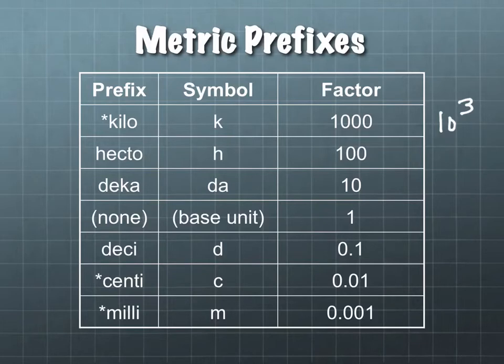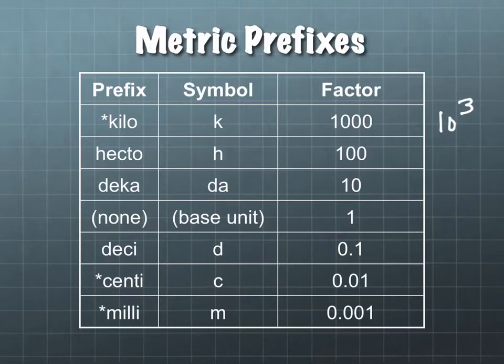Our base unit does not have any prefix because it's the base unit. So for what we're working with right now, we're working with meters as our base unit. So its factor is 1. And then the factors that go on the other side of it and get things into smaller sizes are deci, which is a D, and it's a factor of 0.1 or 1/10.